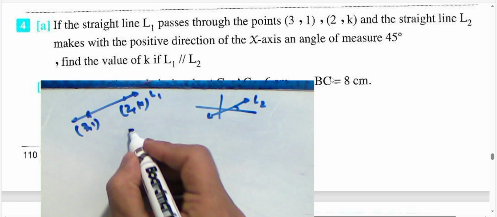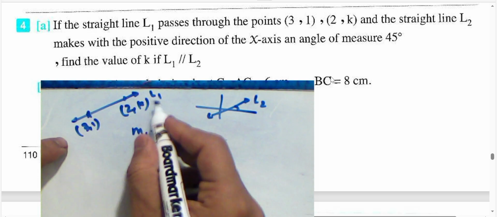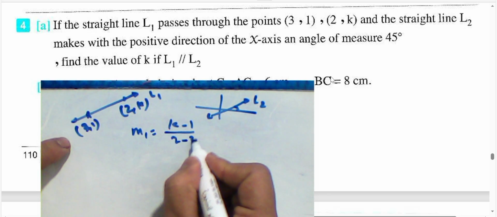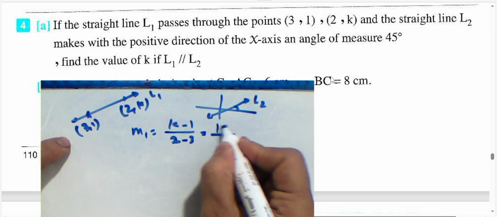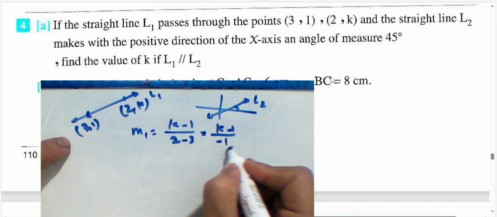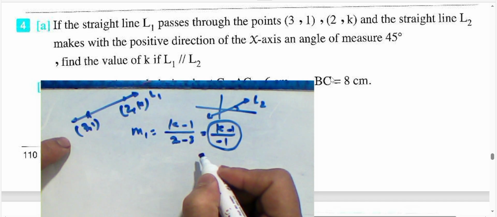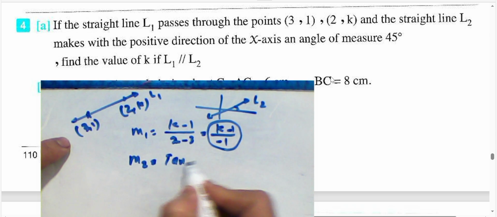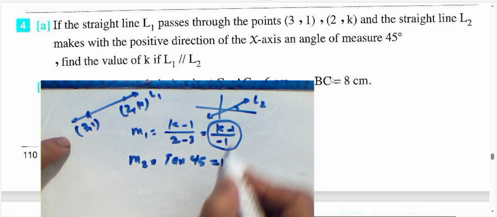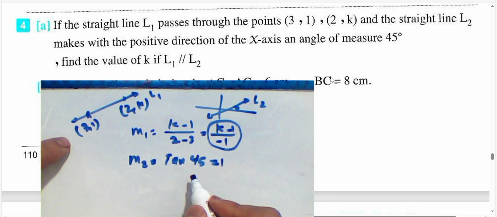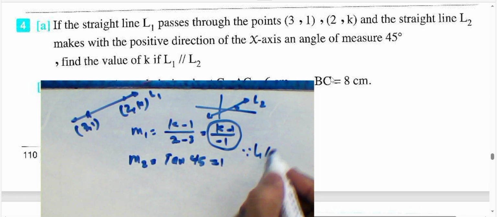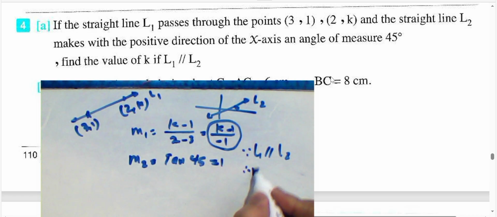Okay, we can find slope 1 of the straight line: k minus 1 over 2 minus 3. 2 minus 3 is negative 1. This is slope number 1. And slope number 2 equals tan 45. Tan 45 here equals 1. Slope 1 and slope 2 are equal, such that L1 is parallel to L2.